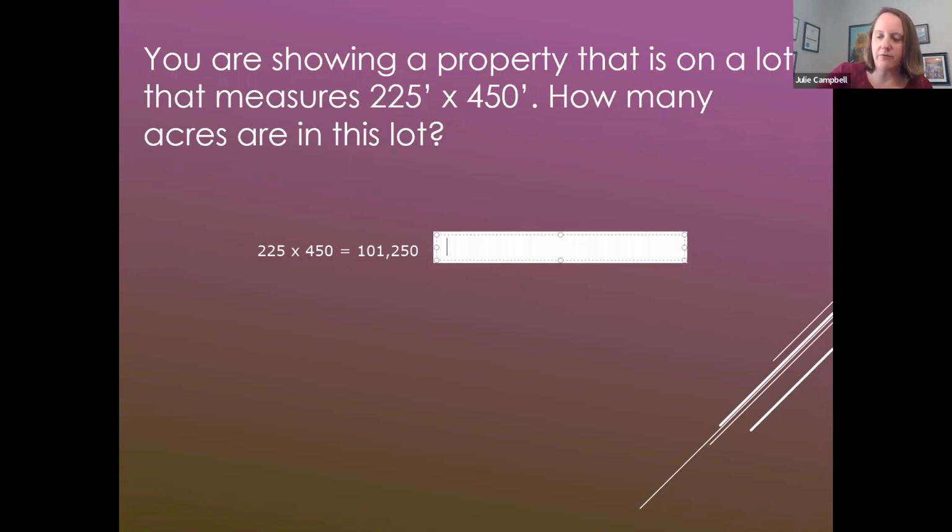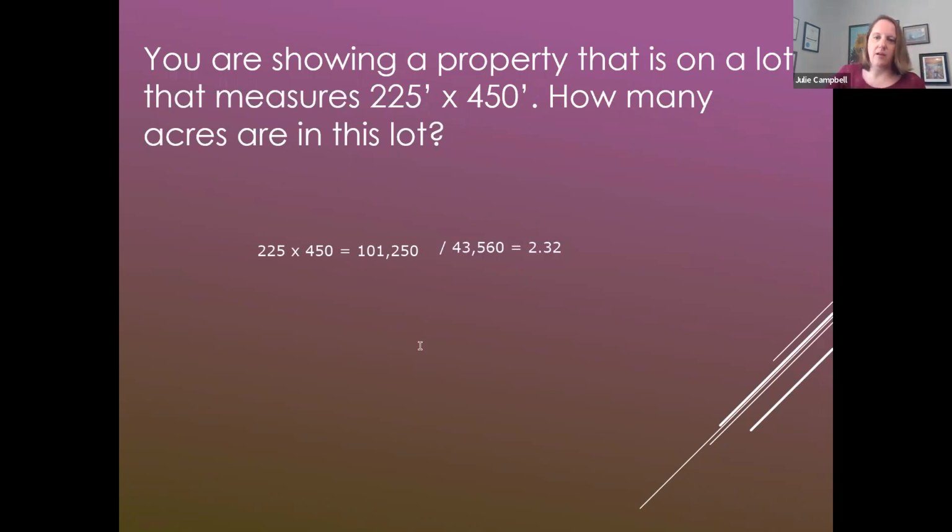And then to convert to acres, we just divide by our magic number. And we get 2.32 acres. Questions?